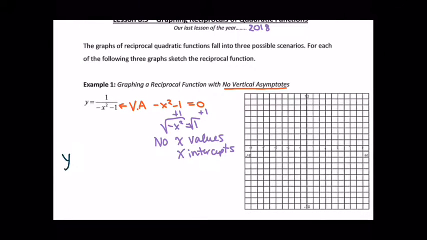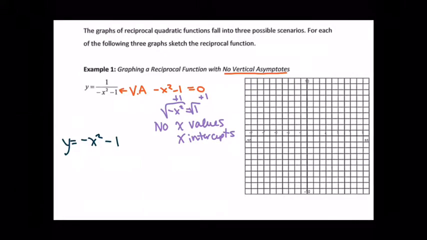So we're going to graph this original graph, and then I'll show you how we get the reciprocal function from that. We still have a horizontal asymptote, as always. The horizontal asymptote is going to be the same as yesterday's, at y equals 0.